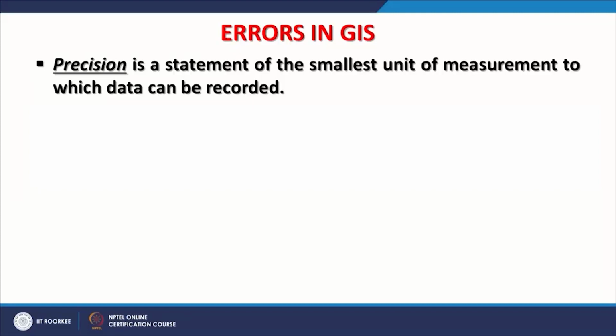Against 1 inch there are only 10 divisions, but 1 inch is 2.5 centimeters, which is 25 millimeters, so 25 divisions. Obviously the centimeter scale on the same foot scale has more precision. So, precision is a statement of the smallest unit of measurement which can be done or recorded by an instrument.